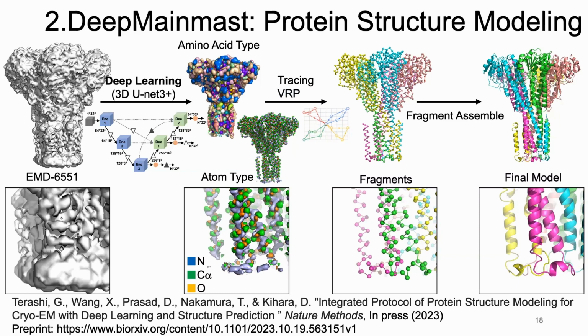First, we have a density map. From the density map, we can estimate the amino acid types for each position and also the atom type. The green dots show the C alpha positions. Then from that information, we use a computational optimization method, a routing problem solver, to try to find the path. From these dots, the computer program tries to connect all of them.